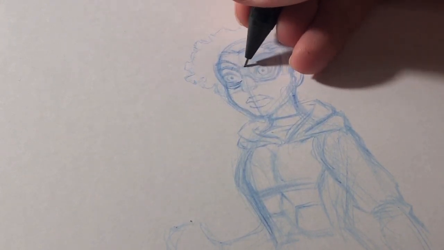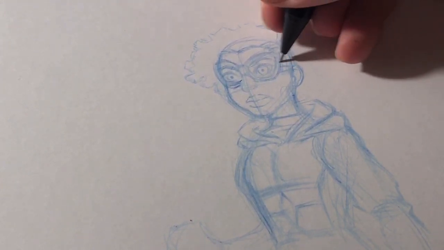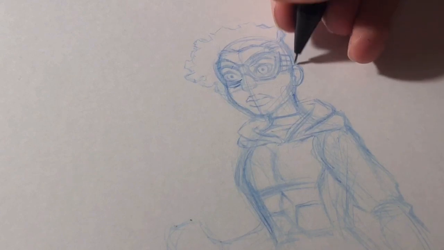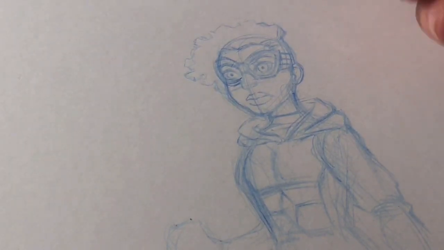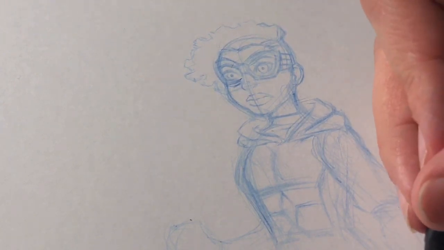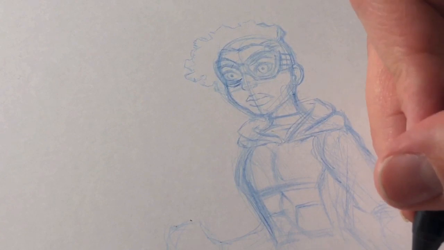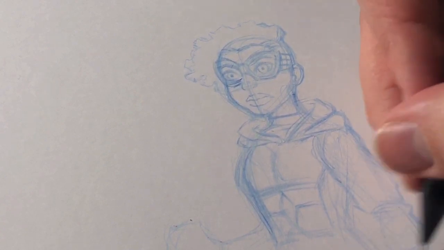Make sure you get the strap in between and the strap at the back as well. She's fighting a guy like Contagion, so she's going to have to make sure she's wearing some gloves.